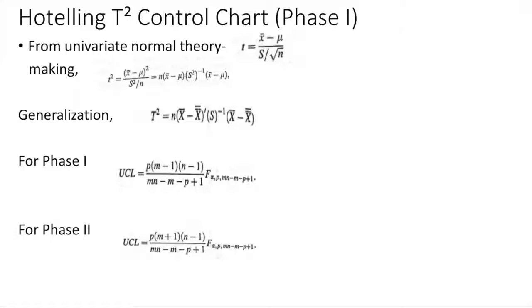While for calculating the phase 2 UCL value, we just add 1 to m. The other equation is almost the same, and the denominator, which is mn minus m minus p plus 1, represents the degree of freedom.